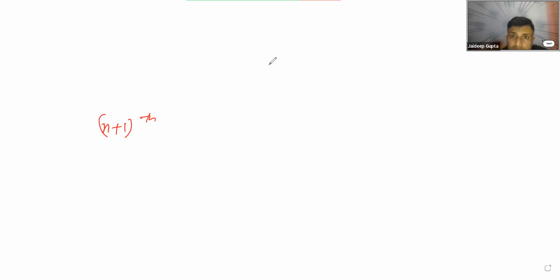What is given? x equals n D lambda over d.